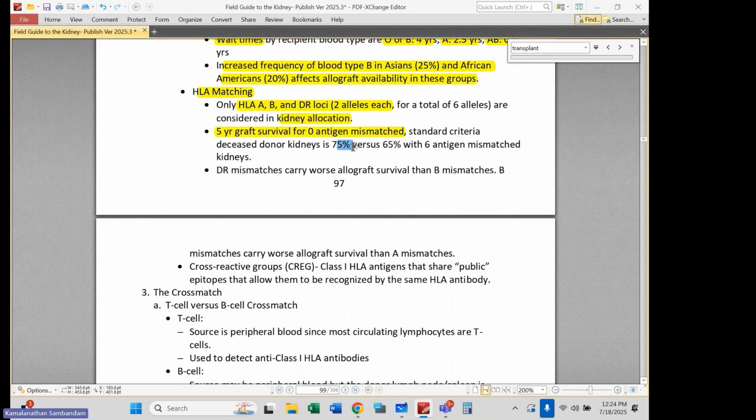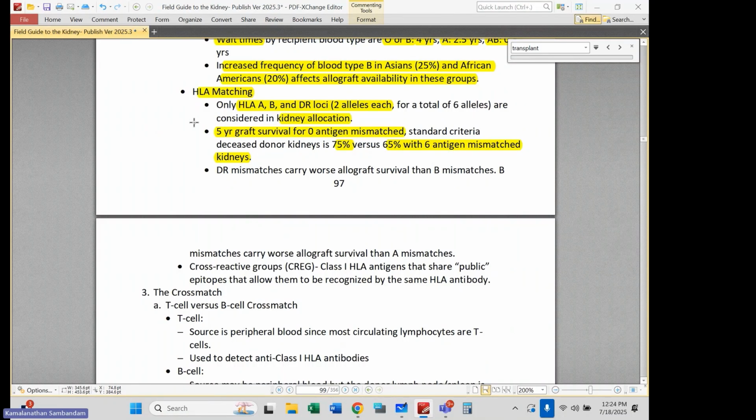Those have detectably better renal outcomes at 5 years compared to 6 antigen mismatch kidneys, where I'm mismatched at every single one of those. But notice that the difference is not huge, right? 10% difference at 5-year allograft outcomes, okay?